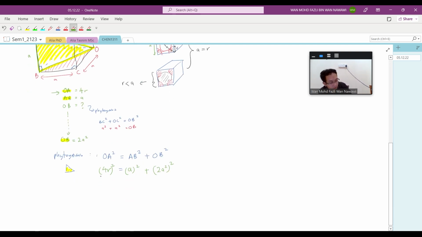When you solve this, 4 to the power of 2 is 16, so 16R squared is equivalent to A squared plus 2A squared.